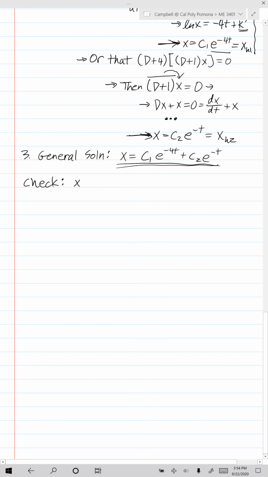So I think you'll see that the first derivative for x is simply just going to be negative 4c1 e to the negative 4t. So I'm not going to spend a lot of time on this. I think you're getting used to doing this.